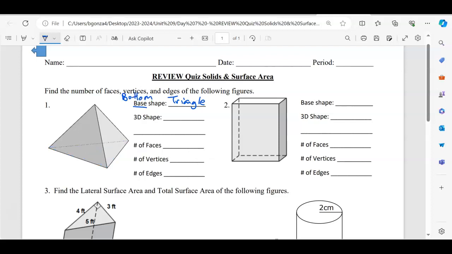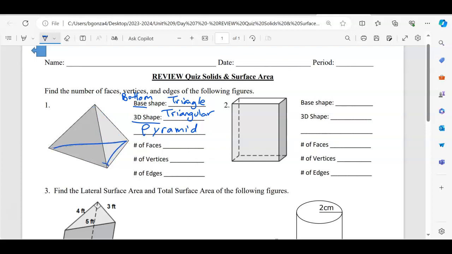The 3D shape, if the base is a triangle and each of the sides are triangles with a pointy top, that's a pyramid, but you can't just say pyramid, you have to tell me the first name, which is the bottom base, which is a triangle. Triangular pyramid.